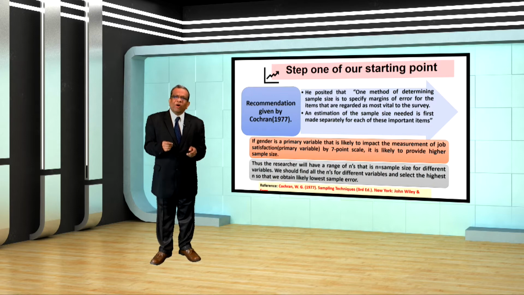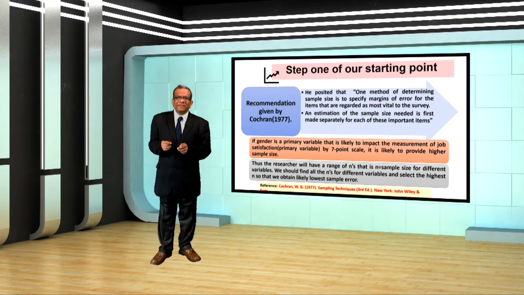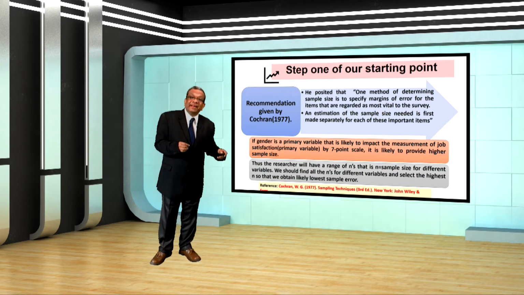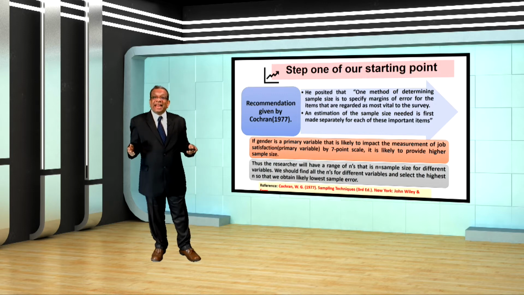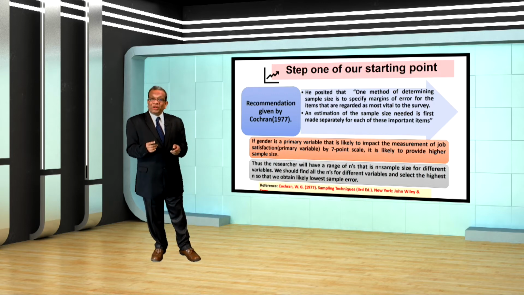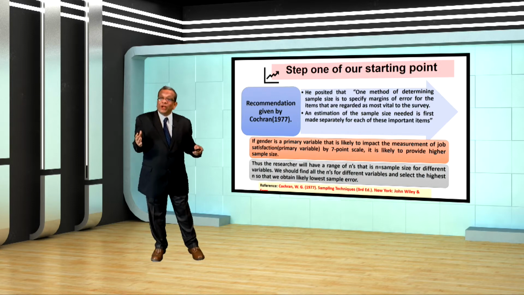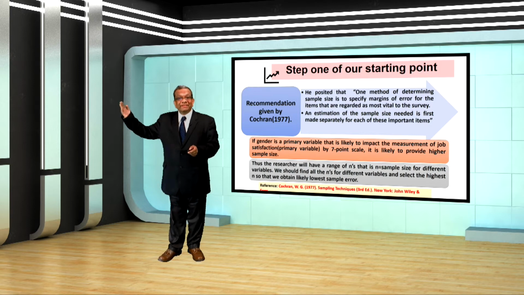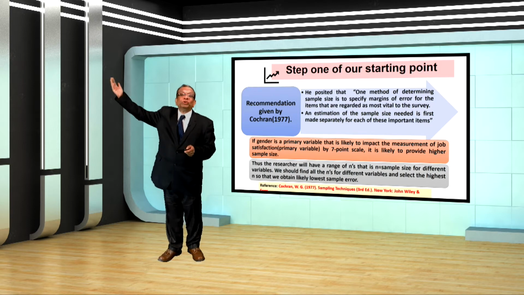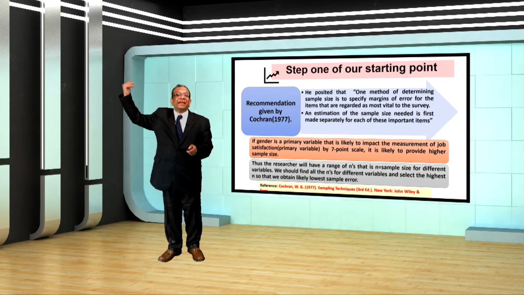We should find all the n's for different variables and select the highest n so that we obtain the lowest likely sampling error. Therefore, we have to find the primary variables, find out the sample size for each, and select the one which gives the highest sample size.